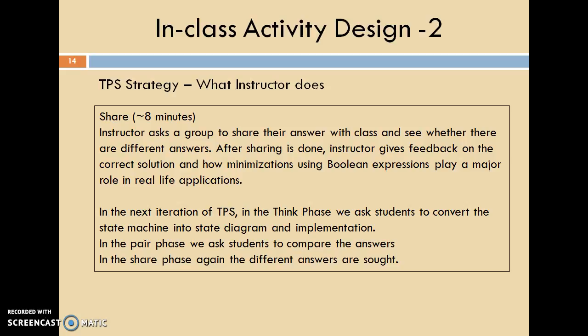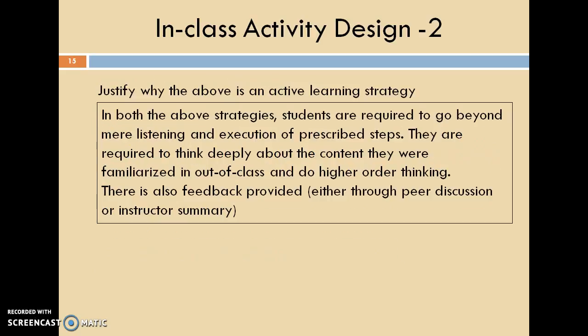Students will share their designs in the class and the instructor will give the pros and cons of each and every design. So at the end they will conclude which design is good. This activity has a justifiable output.